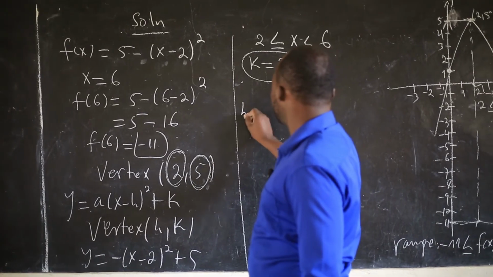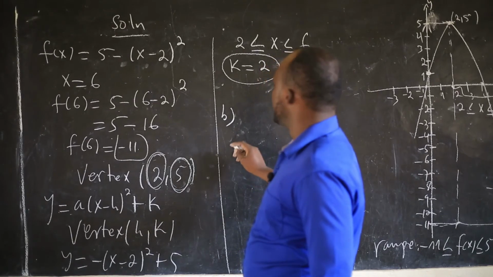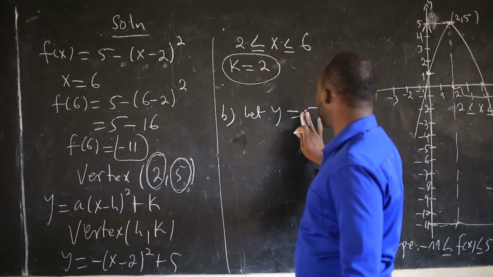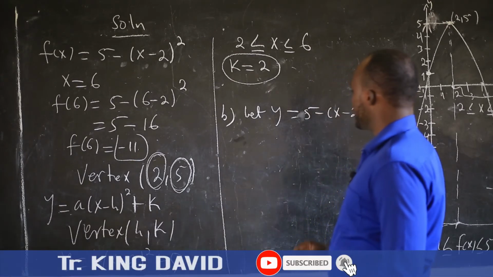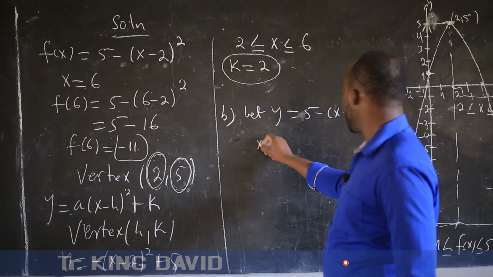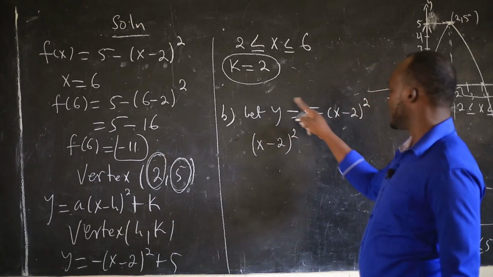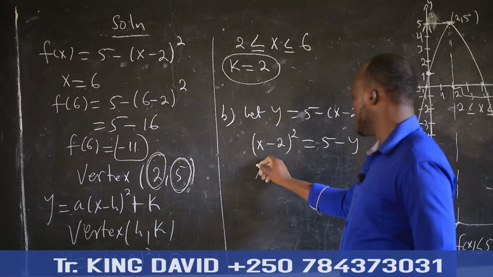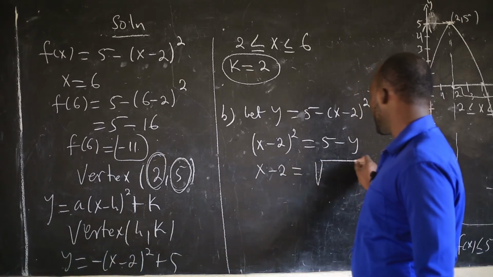So for B, we're going to first find the inverse. We let y be 5 minus x minus 2 squared. We make x the subject of the formula. x minus 2 squared equals 5 minus y. So x minus 2 will be equal to the square root of 5 minus y.